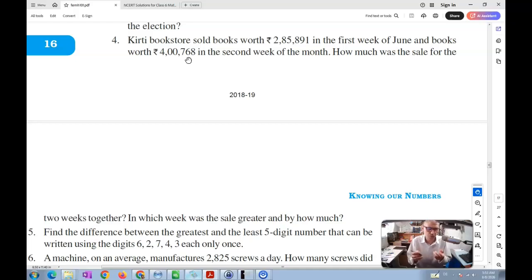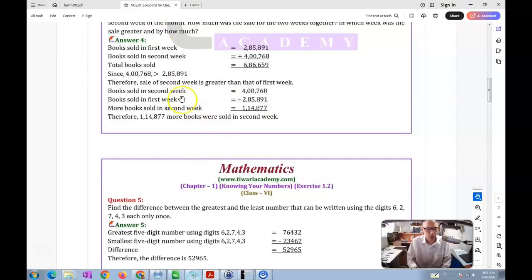Wherever the number is larger, there the sale was higher, of course. And then by how much? When they ask by how much, of course you want to find the difference between the two numbers, meaning that you want to do subtraction. You will write the larger number minus the smaller number, and the answer you can find over here.